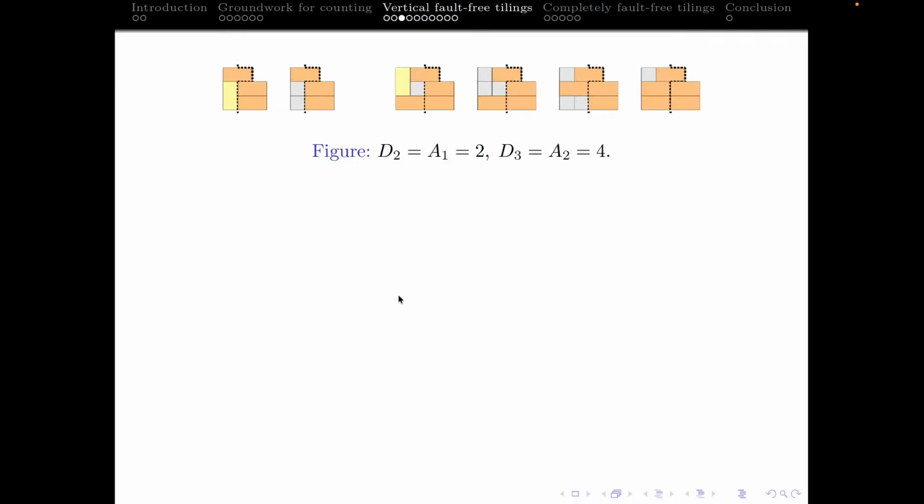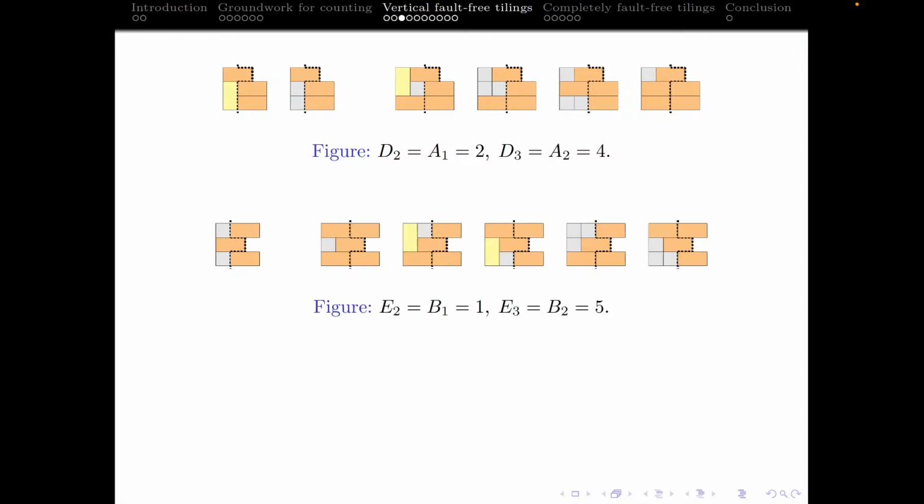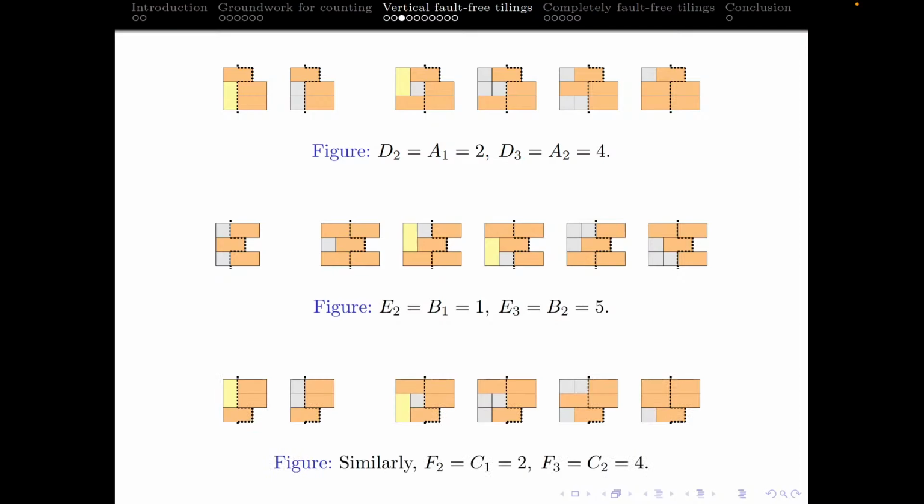So these are the two tilings here and 4 tilings here. So we see that D2 equals 2 and D3 equals 4. Of course D1 equals 1, that is what we first discussed, and these are the similar things for E2, E3 and F2, F3, while D1, E1 and F1 are all equal to 1.